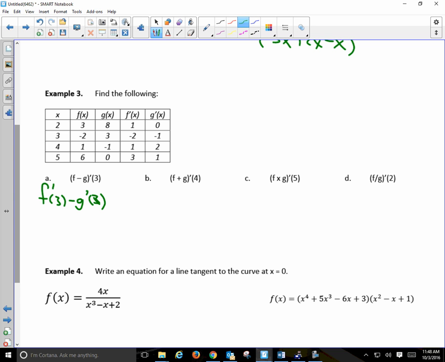As you look at the table here, given a certain x value, it'll tell you what f of x is, g of x, f prime of x, and g prime of x. What's f prime of 3 minus g prime of 3? Negative 1. So it gives you negative 1.